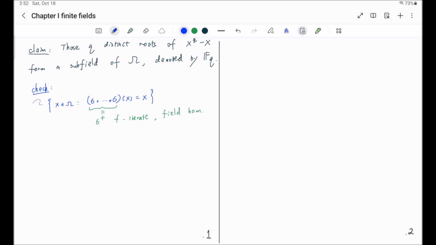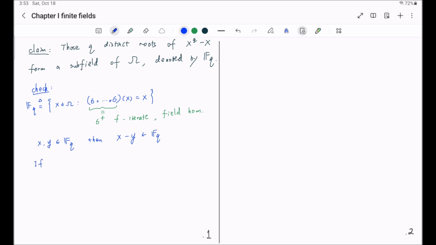So if we call this guy Fq, then you can check that if x and y are in Fq, then x minus y is also in Fq.